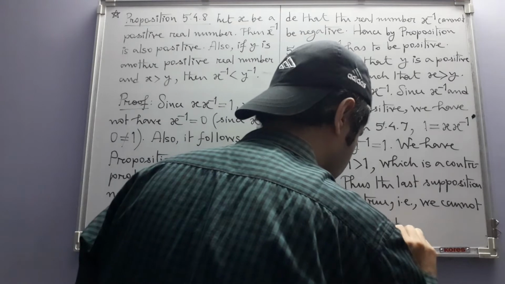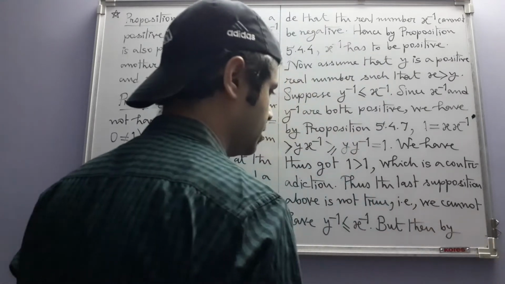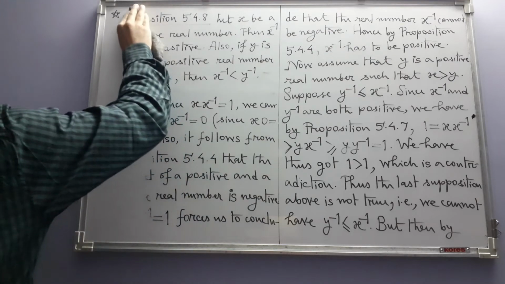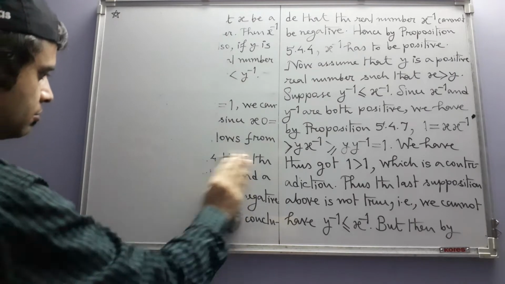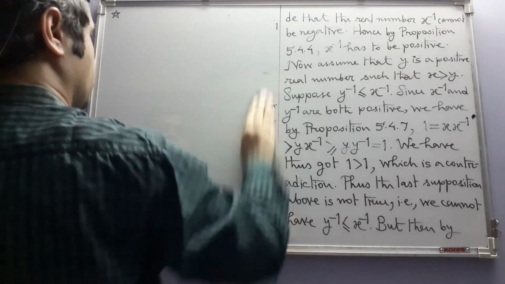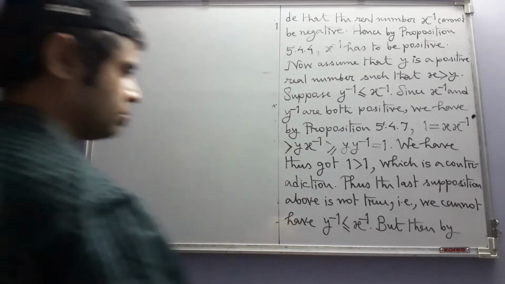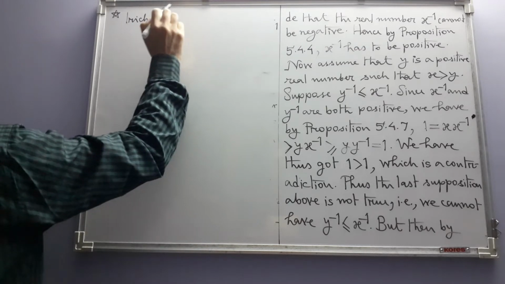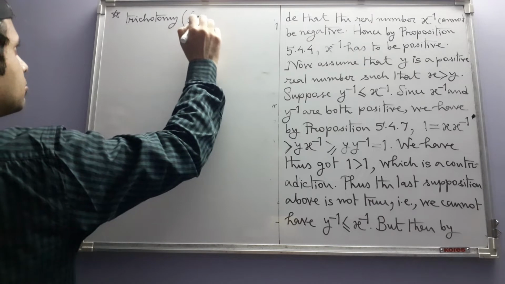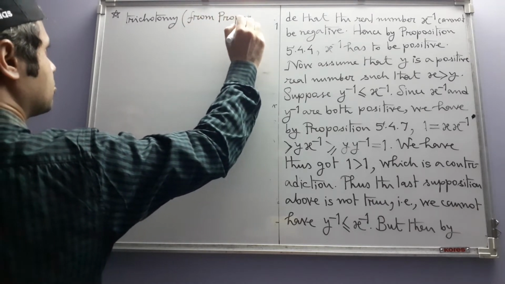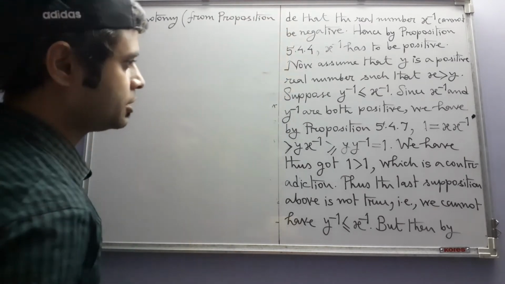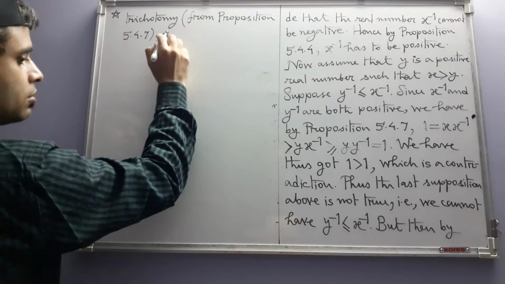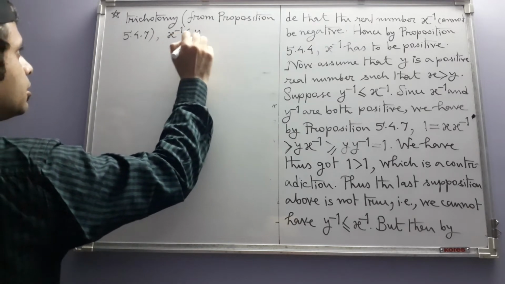But then by trichotomy from proposition 547, X inverse must be strictly less than Y inverse.